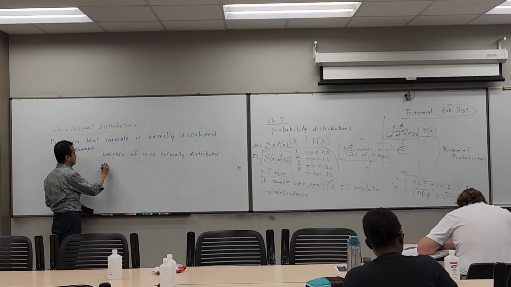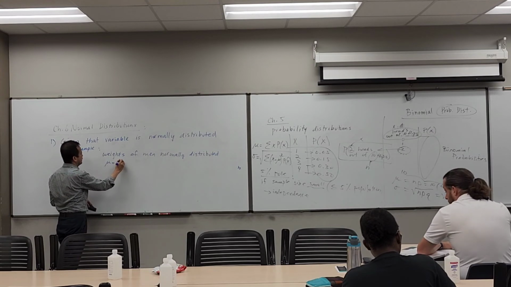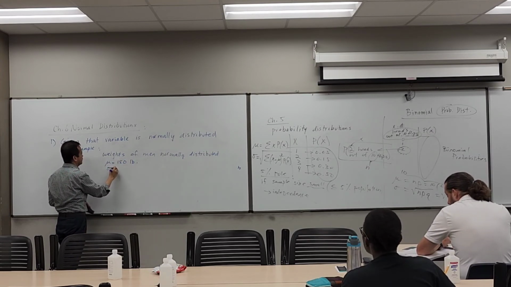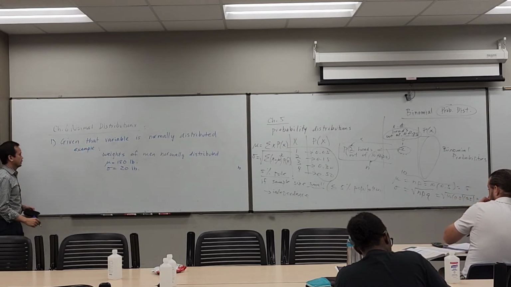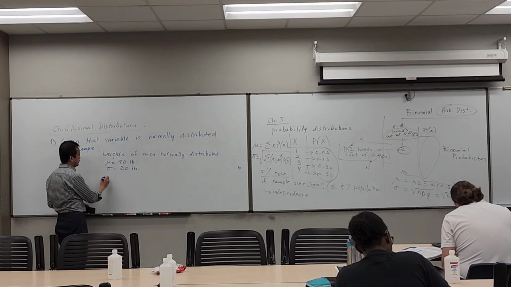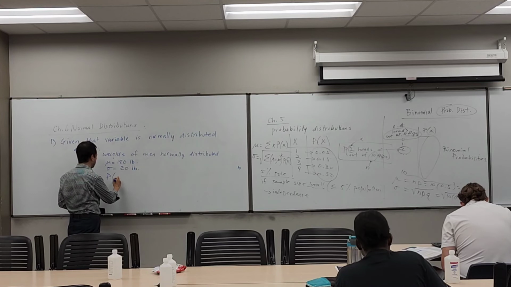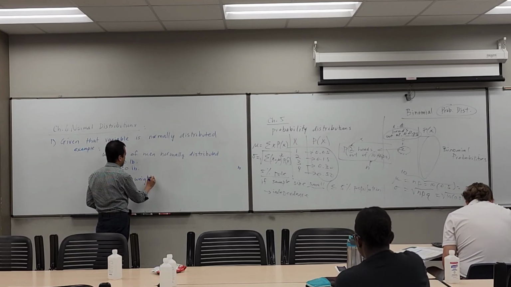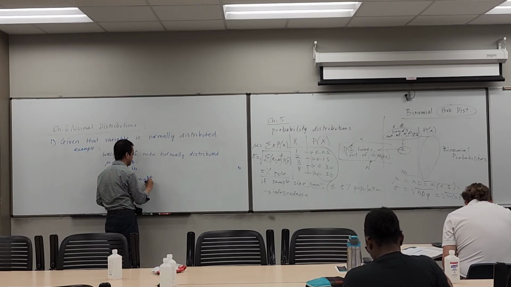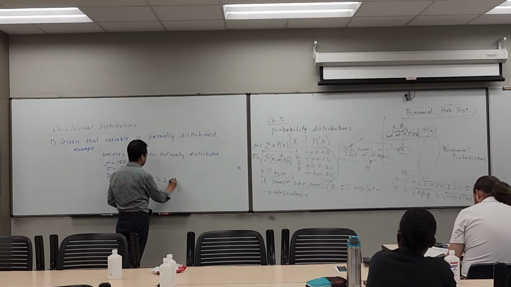And let's say that it's also given that the mean is 180 and standard deviation is 20. And so the question is, find the probability that a man's weight is more than 200 pounds.